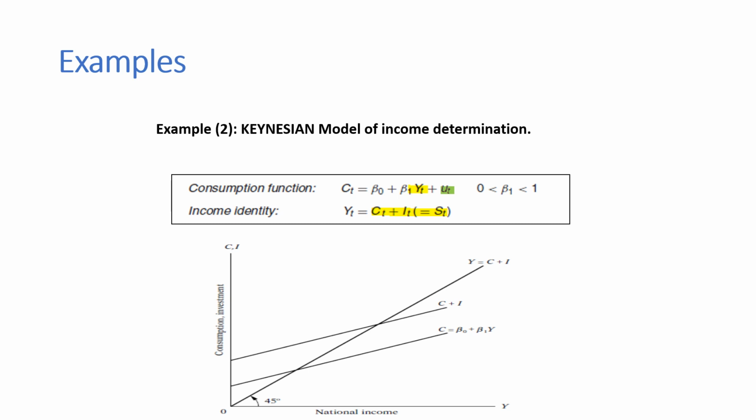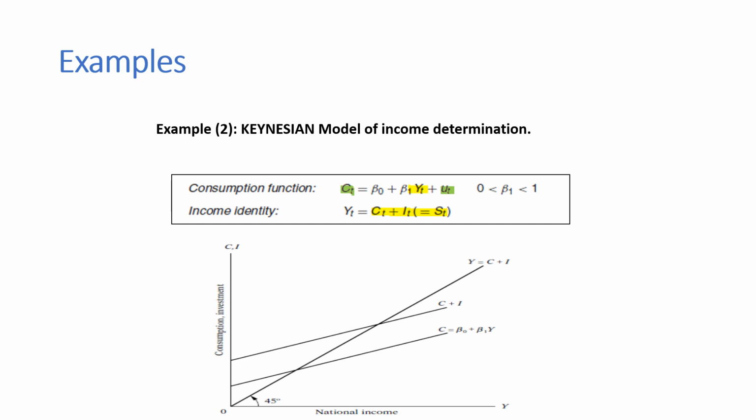The factors affecting consumption change except income, for example. So when changing these factors, the error term, of course, the consumption will change. And when changing the consumption, Y_t will change as well. The income will change as well. So increasing your consumption may force you to increase your income somehow, for example.